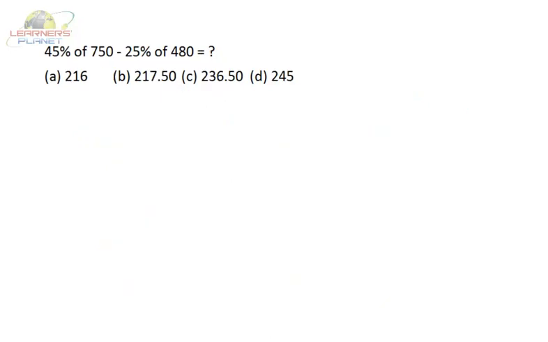Okay, now let's see this problem. 45% of 750 minus 25% of 480. Friends, 45% of 750, that means we have to calculate 0.45 into 750, and 25% of 480, that means 0.25 into 480. Friends, definitely 45% of 750 will be a fraction.